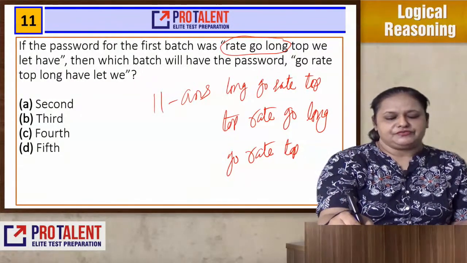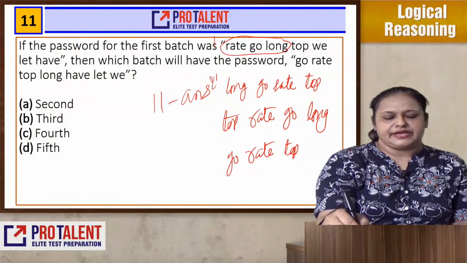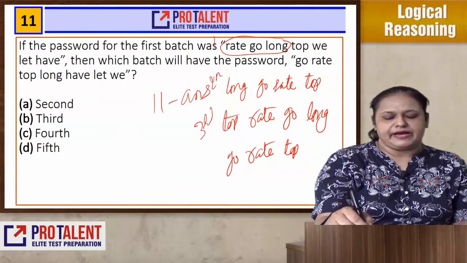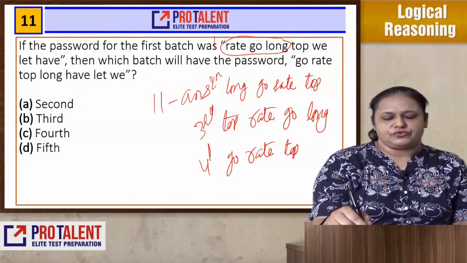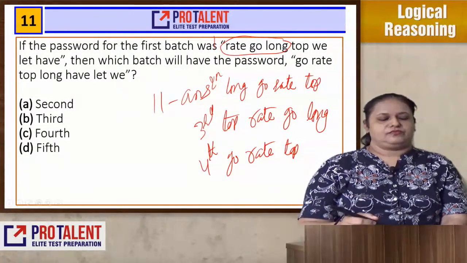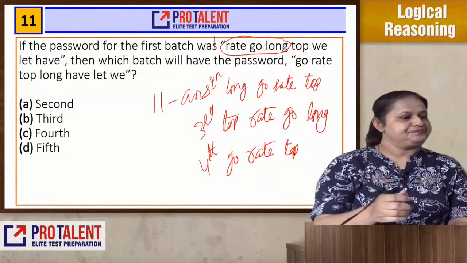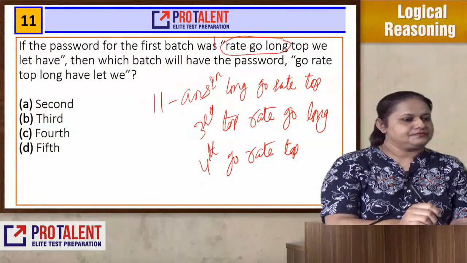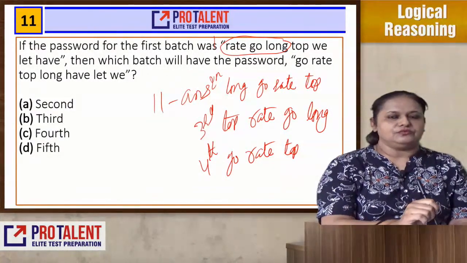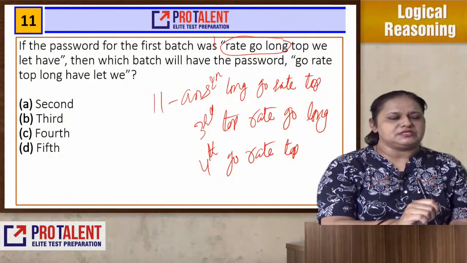So this was for the first batch, this was for the second batch, this was for the third batch, and this was for the fourth batch. Go, rate, top. Okay, fine. Shrey, now is it clear? I think there may be a small miswriting mistake or something like that.